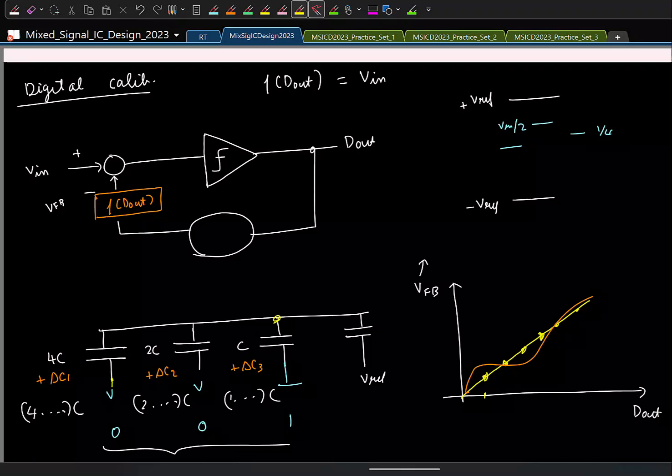Because the negative feedback loop is doing the same, right? If you basically can get this signal, that will exactly match input. But at the output, we are only taking D out. So if you can do the same function that is being done in the DAC, you will be able to get back the same signal. Is that okay?